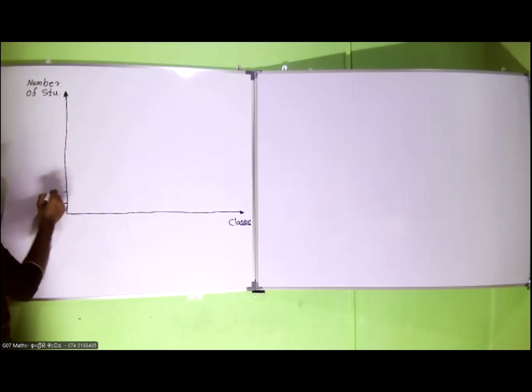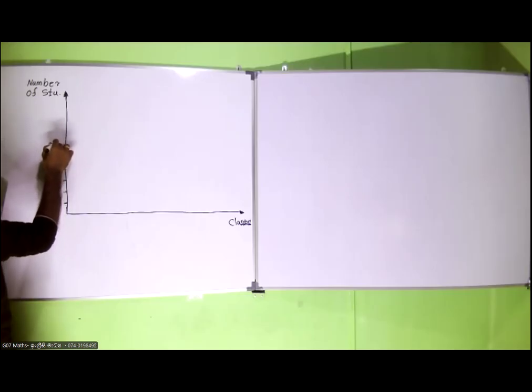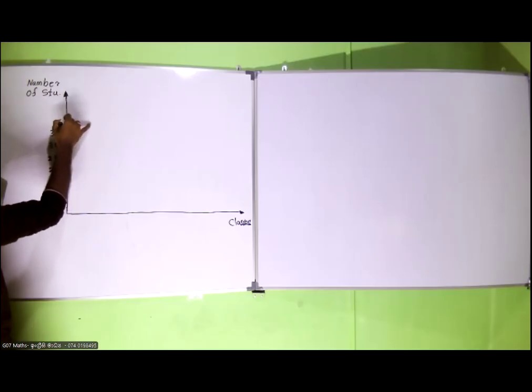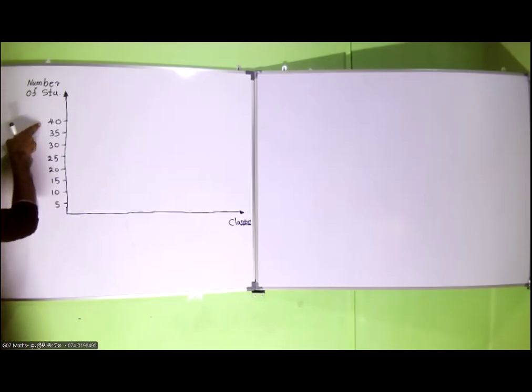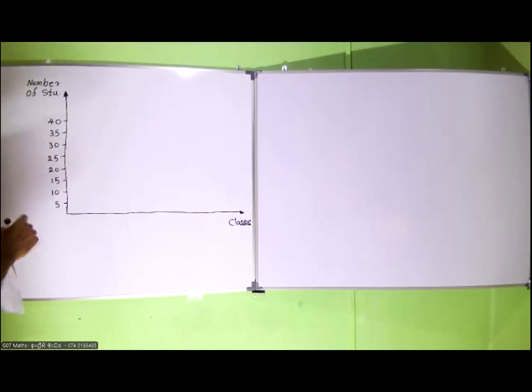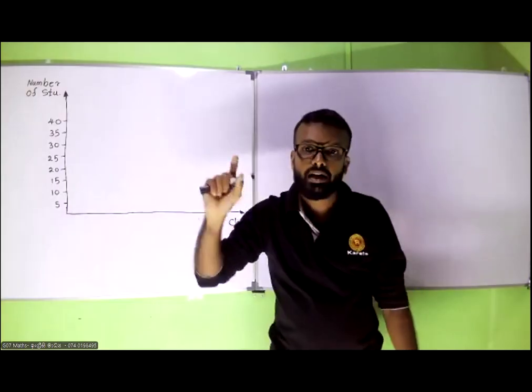So this is 5, this is 10, this is 15, this is 20, this is 25, this is 30, and this is 35, and this is 40. So this is my minimum number of attendance, 5. This is my maximum number of attendance, 40. So that is why I go through the full data set first.